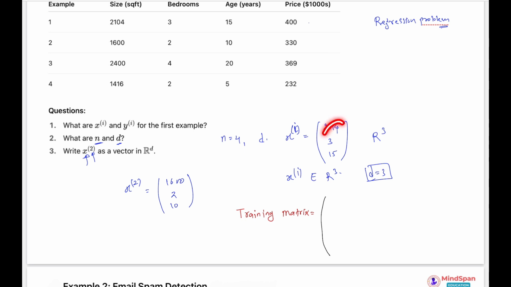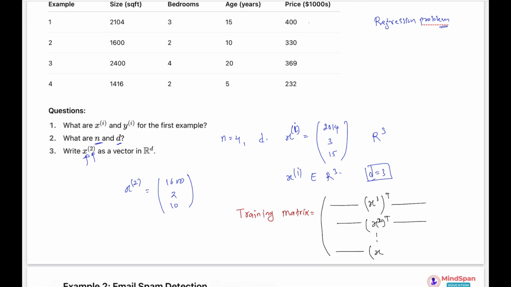We have written each as a column vector, so to put it as a row, we take the first vector and transpose it. Similarly, the second input vector, transposed.